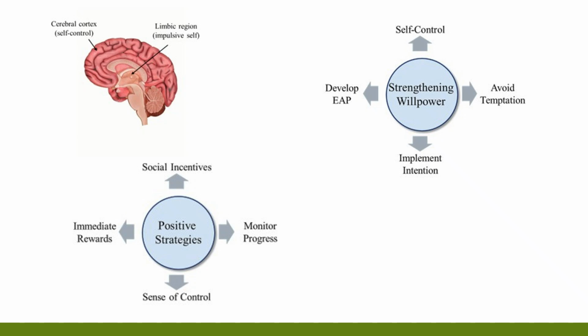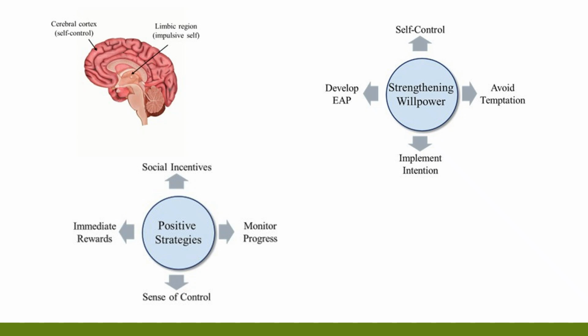Having a support system, but more importantly, that social engagement is a distraction. It allows you to focus on the people you're with, and that might distract you from thinking about that chocolate treat. So social connections can be support, where a person will support you in your desire to not eat those chocolates or give in to temptation, but it could also be the distraction that you need.